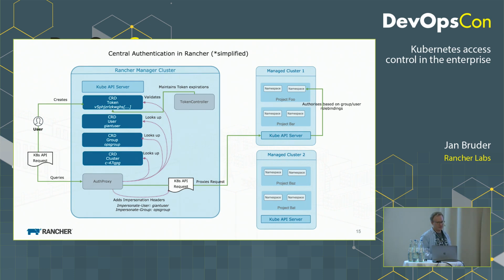The user sends a normal Kubernetes REST HTTP request to the auth proxy, and there's a bearer token that the user includes, and Rancher validates the token. It does a lookup so that we know to which user the token belongs, any groups the user might be a member of, and we also derive the cluster that the user wants to talk to based on the URI path.